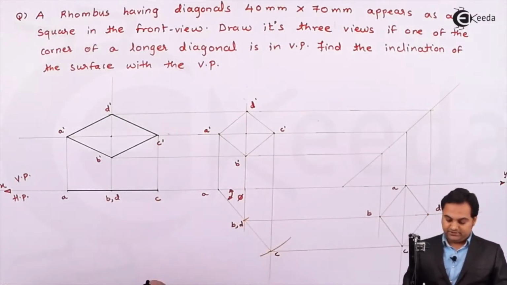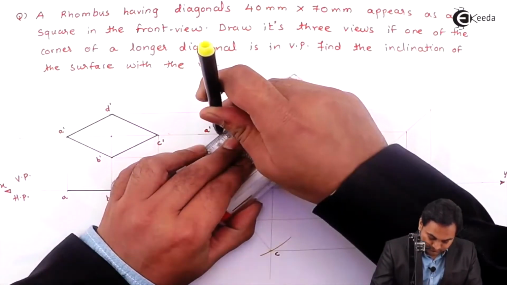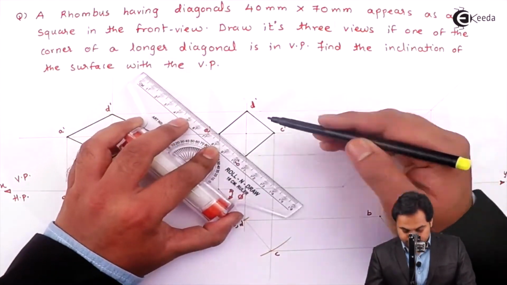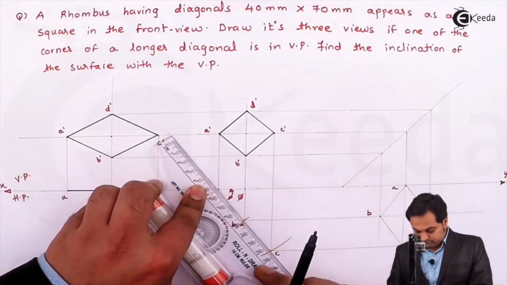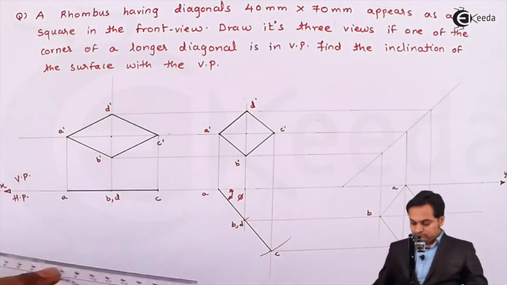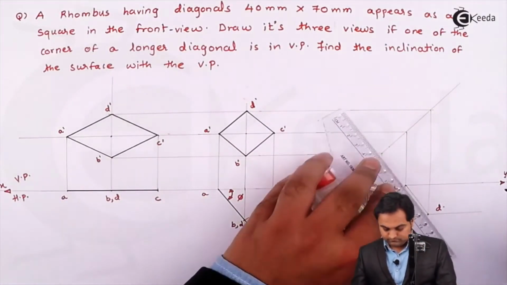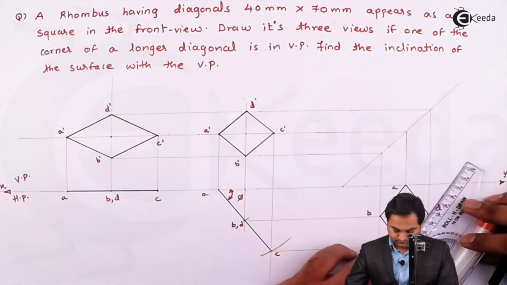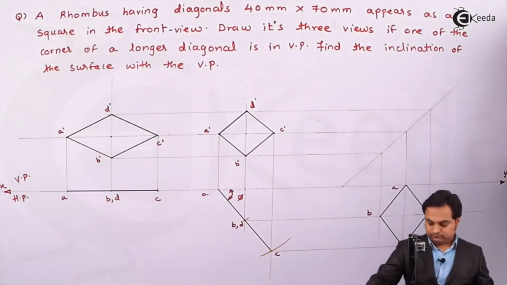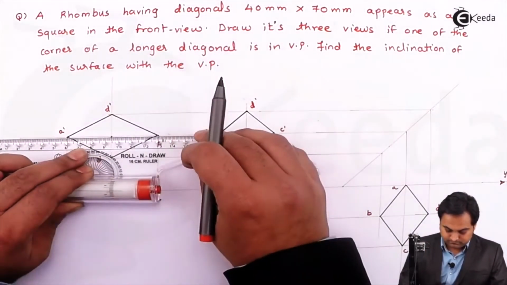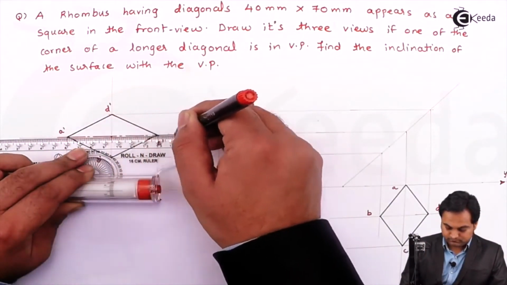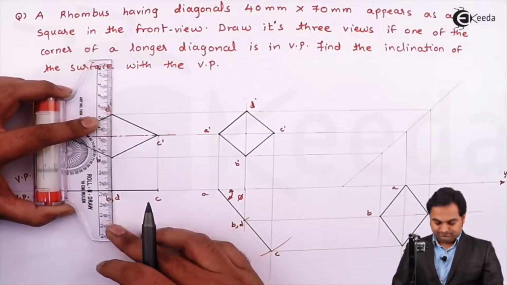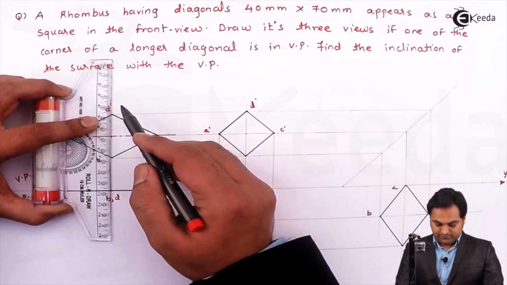Next, where it is seen as a square, drawing the center lines for the rhombus.